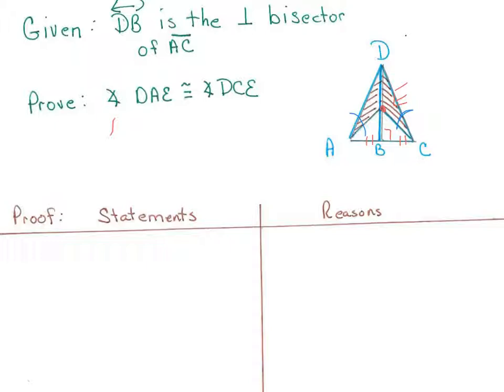All right, so first of all, we'll start with our normal given statement that line DB is the perpendicular bisector of segment AC.